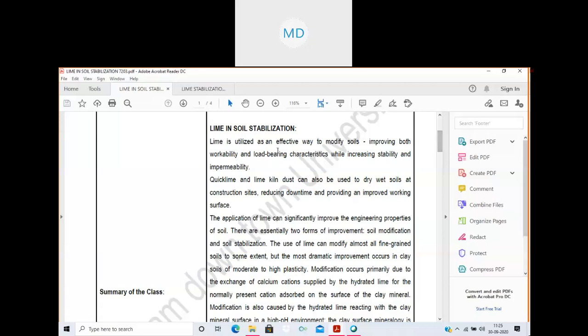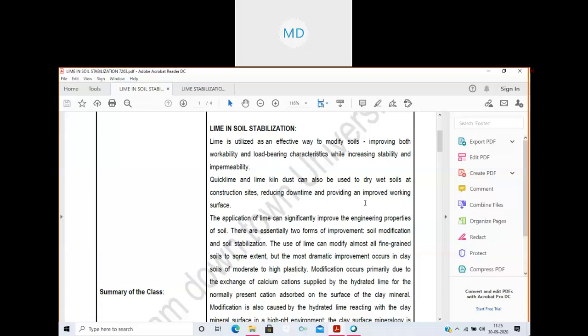So you see, lime is utilized as an effective way to modify soil, improving both workability and load bearing capacity characteristics while increasing stability and permeability. Quicklime and lime kiln dust can also be used to dry wet soil at a construction site, reducing downtime and providing an improved working surface.